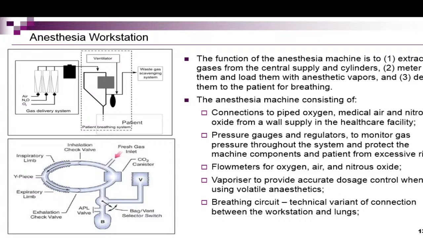Pressure gauges and regulators monitor gas pressure through the system and protect the machine components and patient from excessive rises of pressure. In the piping system, the gases are present under very high pressure, and gauges and regulators reduce pressure till the pressure will be safe for the machine and for the patient's lungs.